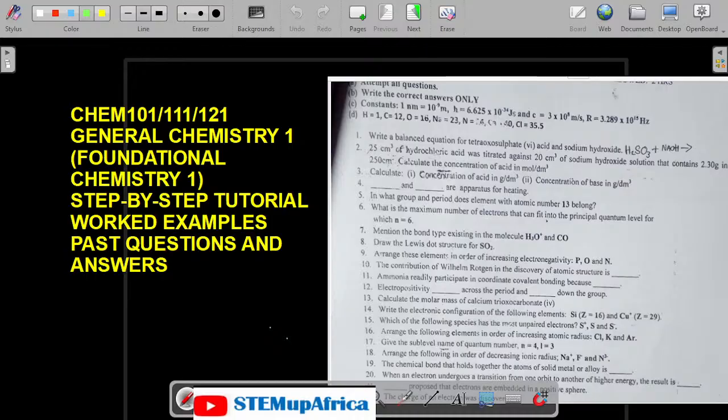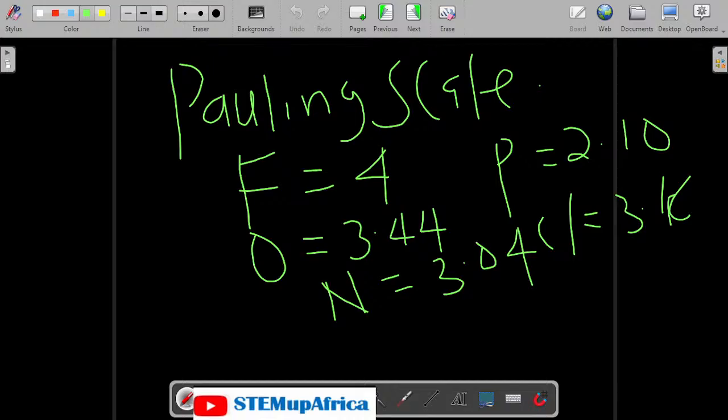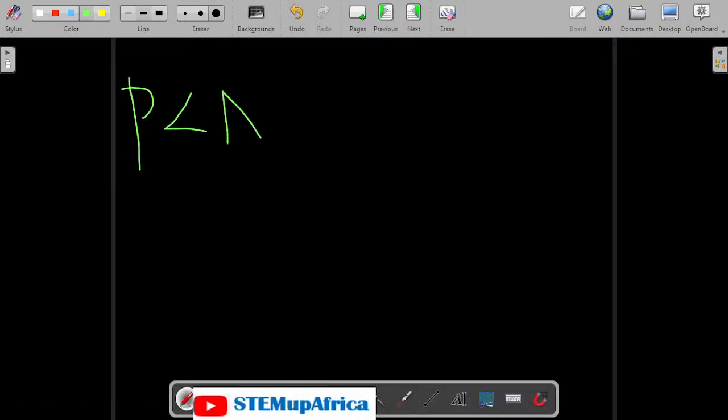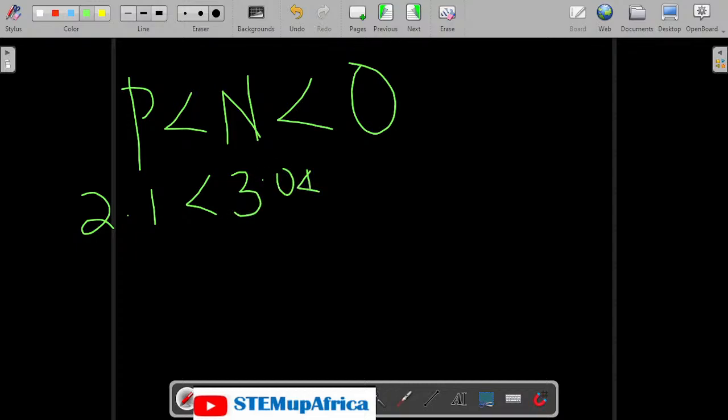So who has the highest on the Pauling scale from what I've written is oxygen, followed by nitrogen. Phosphorus is 2.1. So that means I'll put phosphorus first. That means phosphorus is less than nitrogen, nitrogen is less than oxygen. Why? This is 2.1, which is less than 3.04, which is less than 3.44.